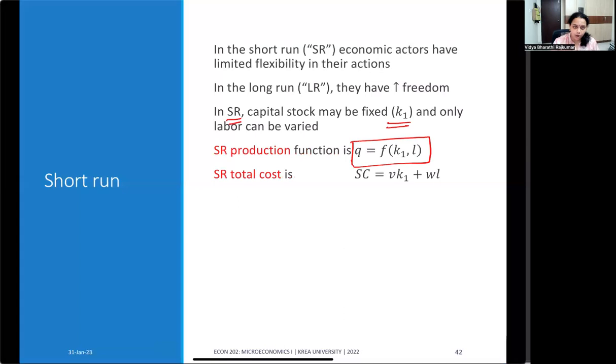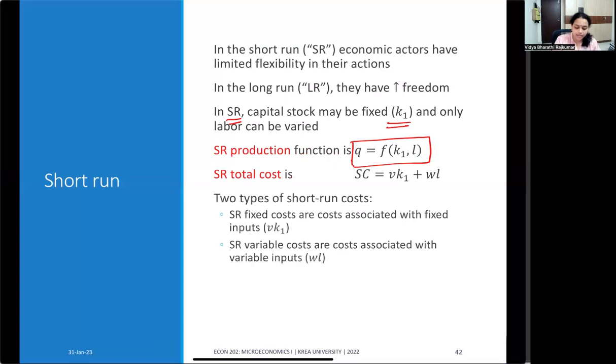And naturally, the cost function that follows is just going to be vK plus wL, but now K is fixed at K1, so we reflect that change also. Now we can think of two types of short run costs that arise. A part that is kept fixed, okay? So these are more the fixed elements of our cost, and then there's a variable element.